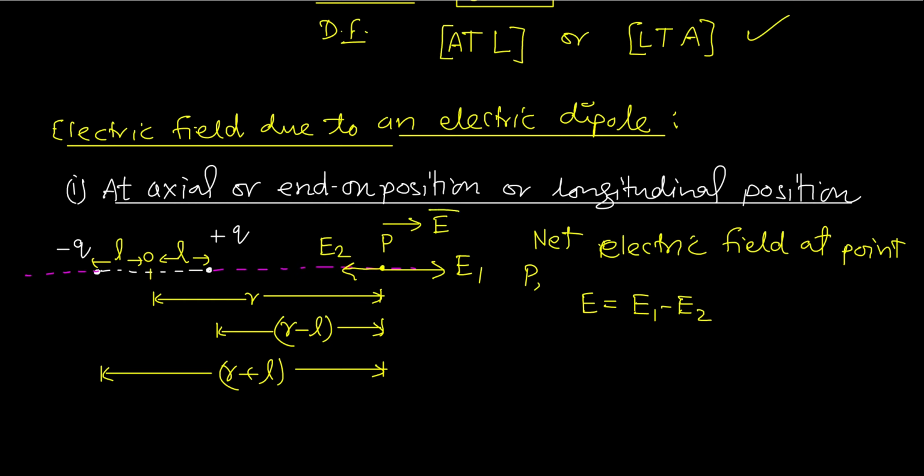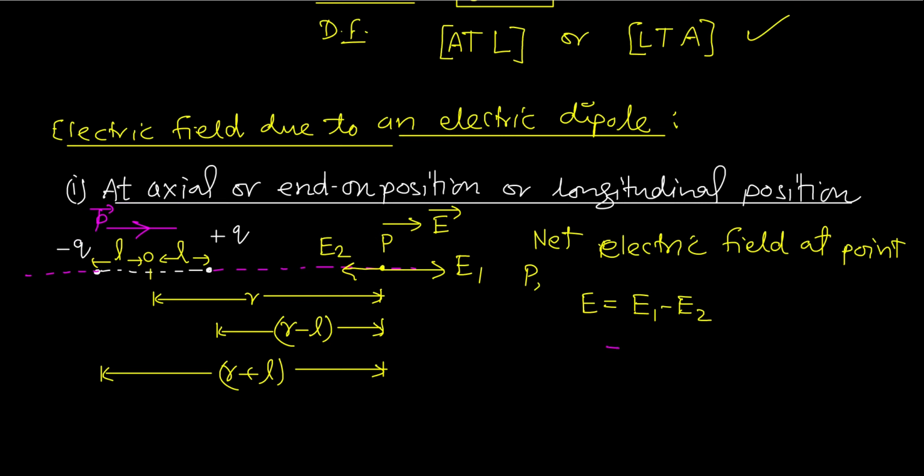So this is the direction of net electric field, and if you notice, the net electric field will be parallel to the direction of the dipole moment for this system, because dipole moment will also be directed from minus q to plus q, and we can see that the net electric field E is parallel to the net electric dipole moment. So we will write the direction of this net electric field as parallel to the dipole moment.